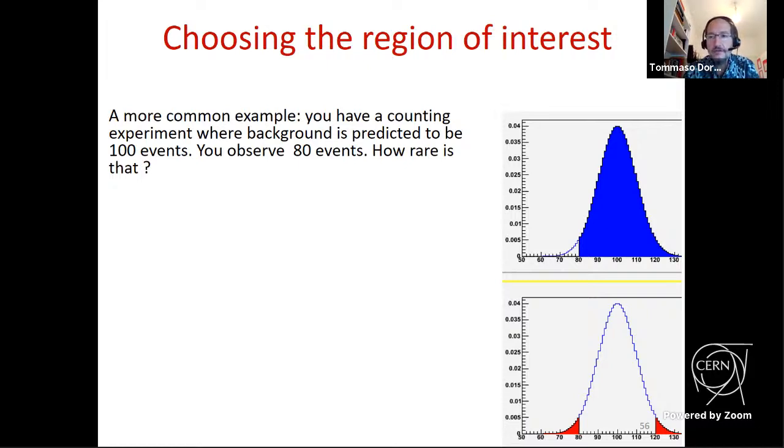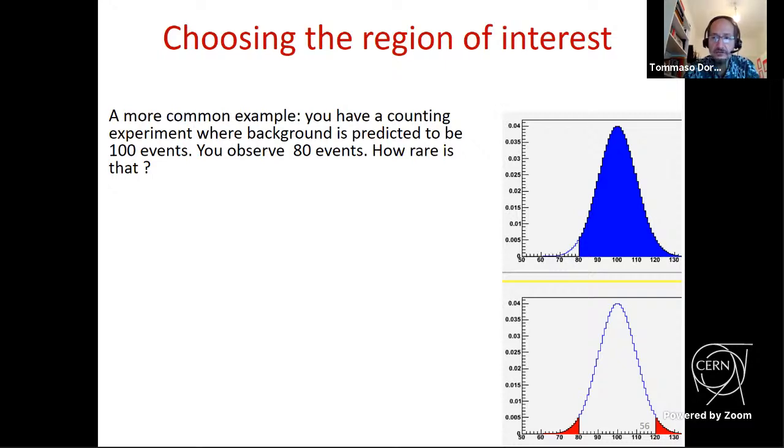So if you are confronted with the question, how significant is that observation, that discrepancy from the expectation, which is the maximum likelihood expectation, 100 for a Poisson of mean 100? You would have had to first define the region of interest as large values of n or small values of n.